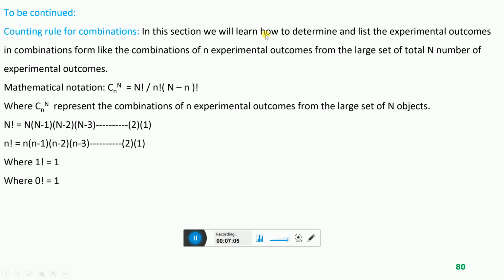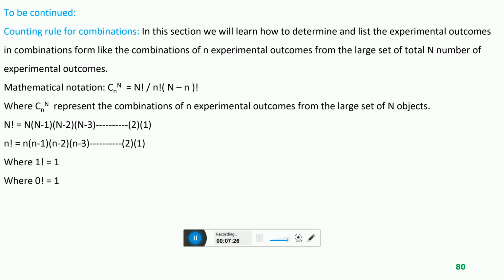In this section, we will learn how to determine and how to list the experimental outcomes in combinations form, like the combinations of n experimental outcomes from the large set of total n number of experimental outcomes.